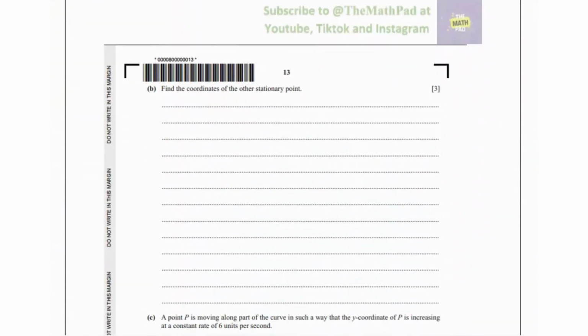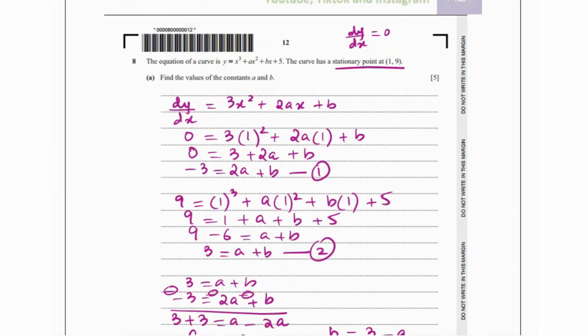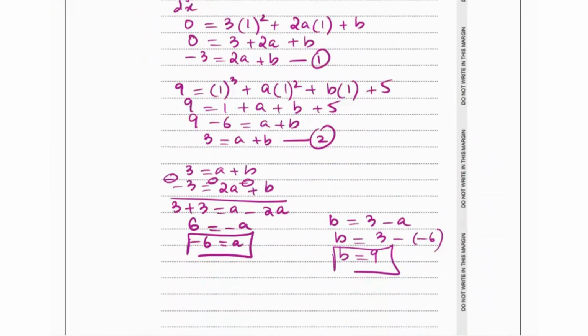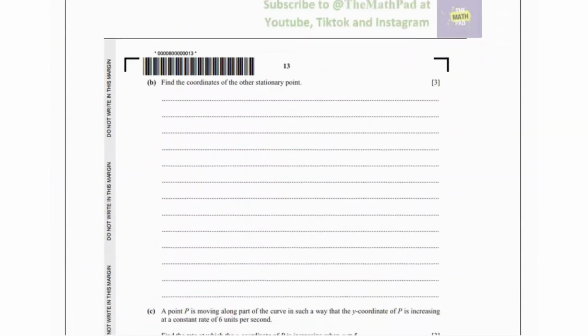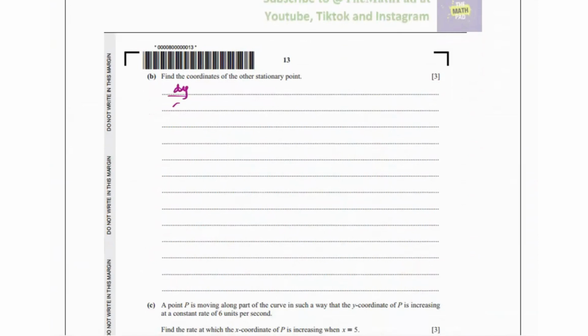Then find the coordinates of the other stationary point. To find it, we put the values of a and b in dy/dx and then solve it for x. So dy/dx is 3x squared plus 2ax plus b. a is -6, b is 9. This will be 0 because it's a stationary point.